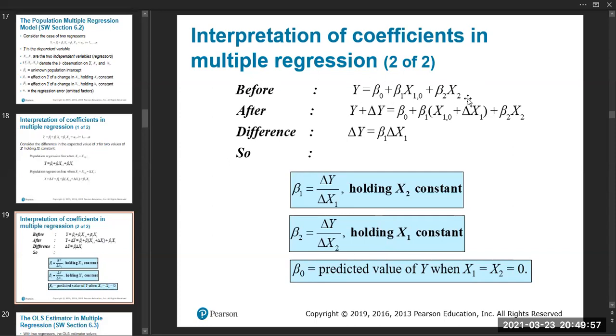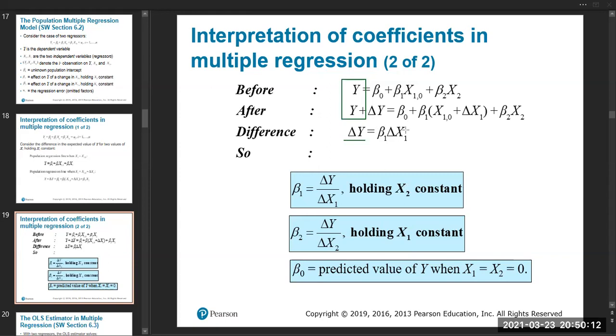Before is the original regression line, after is this, and if you subtract before and after, on the left-hand side you have delta Y left.